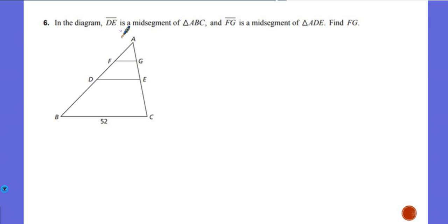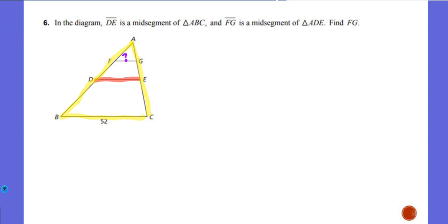It says, in the diagram, DE is a mid-segment of triangle ABC, and FG is a mid-segment of triangle ADE. Find FG. So it wants us to find this. Well, it gave us a lot of information. It says this is the mid-segment of the yellow triangle. So that means in this yellow triangle right here, that red line is the mid-segment.